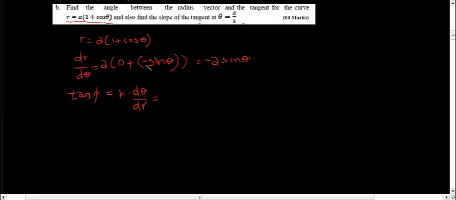What is r equal to? R is equal to a into 1 plus cos theta, which is given in the problem. And what is d theta by dr? Dr by d theta is equal to minus a into sin theta. So d theta by dr is the reciprocal of this, which is 1 by minus a into sin theta.